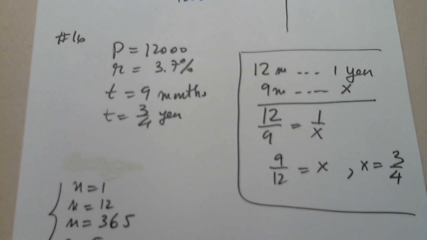0.037. Remember, we cannot use percent divided by x, because x will be 1, 12, and 365. Close the parenthesis, caret, which is the power, and in parentheses we have 3/4 times x, or 0.75 times x, and close.